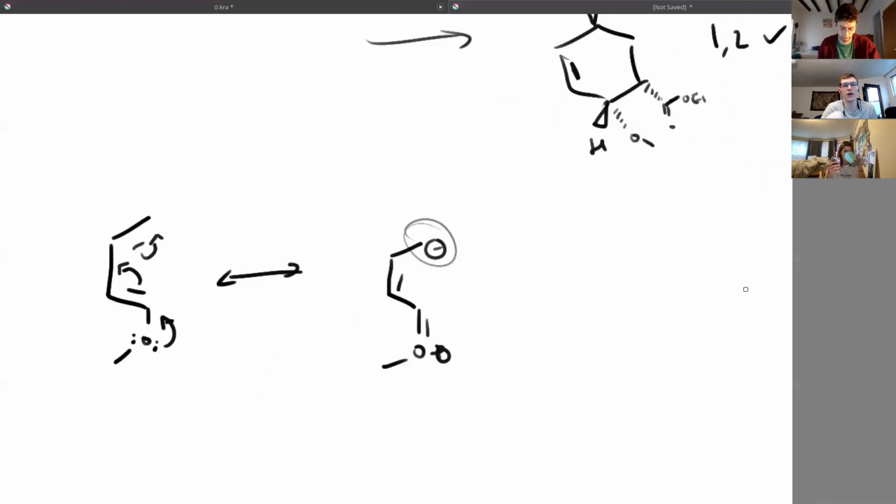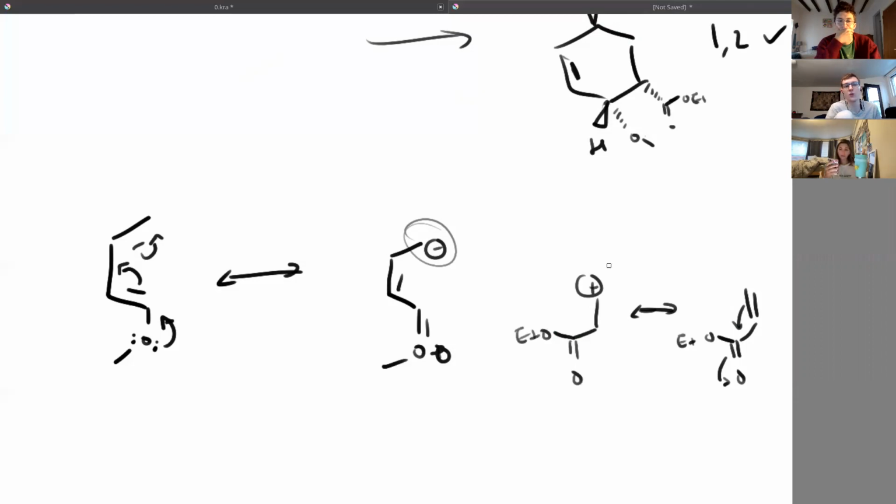And then when you have, for example, this other molecule, well, this group here is electron withdrawing, right? So it'll pull all these electrons away from the opposite end of the molecule. And so you could do resonance, and over here it's going to be plus charge.